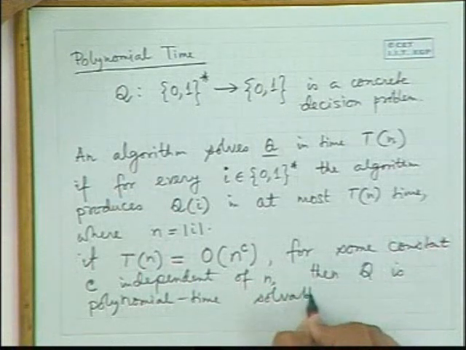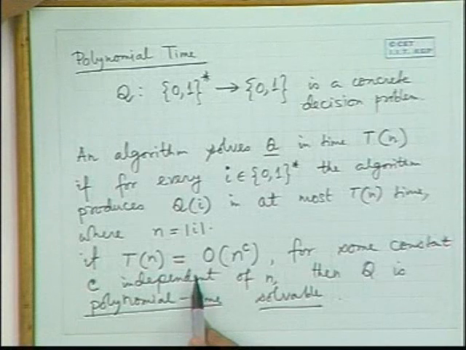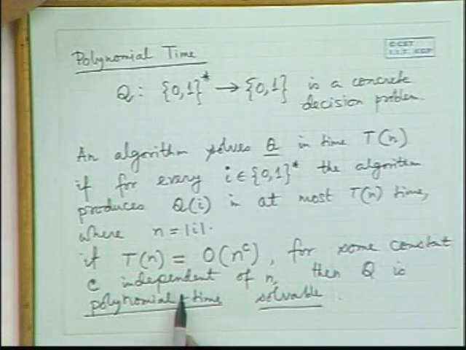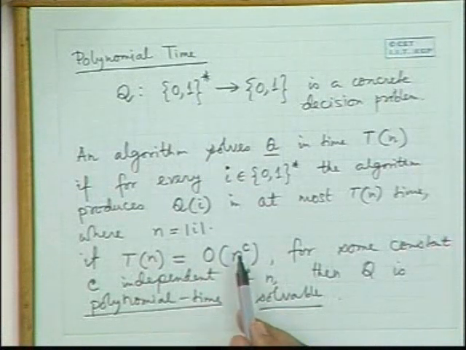We say that the algorithm solves Q in polynomial time, and if there exists one algorithm that solves Q in polynomial time, then Q is polynomial time solvable. And polynomial time means T(n) should be O(n^c), where c is some constant independent of n.